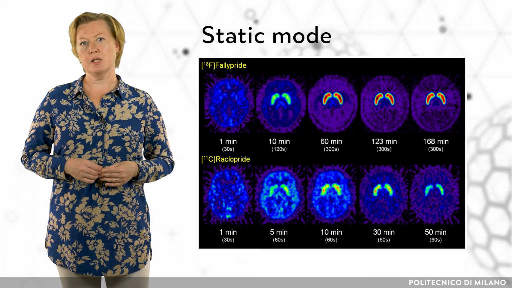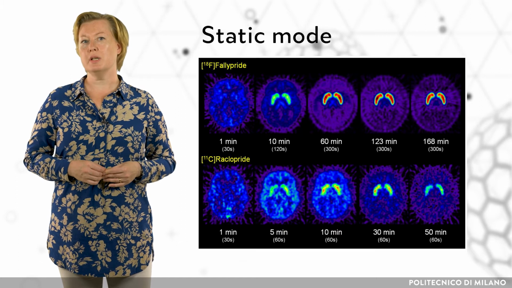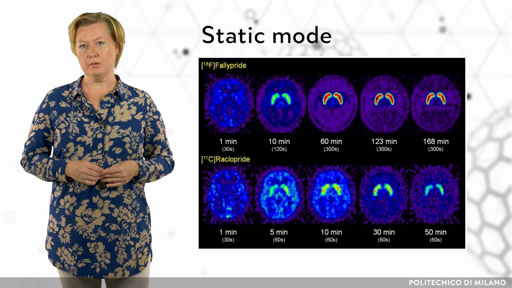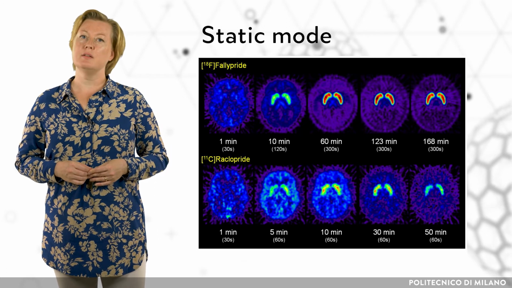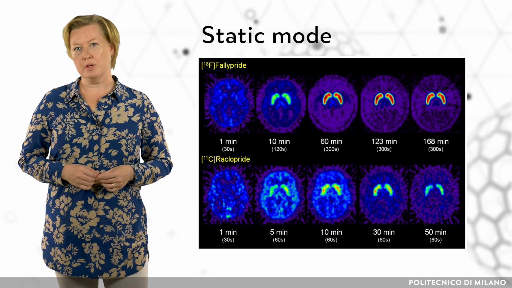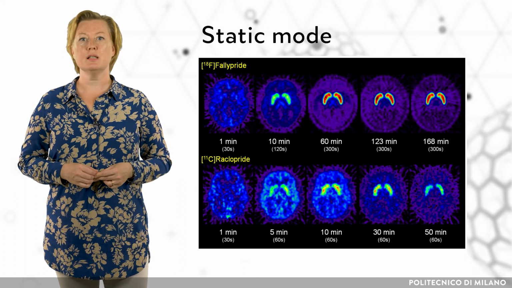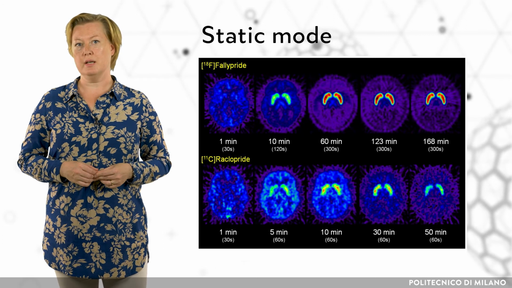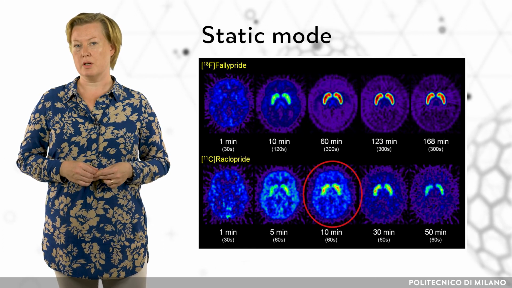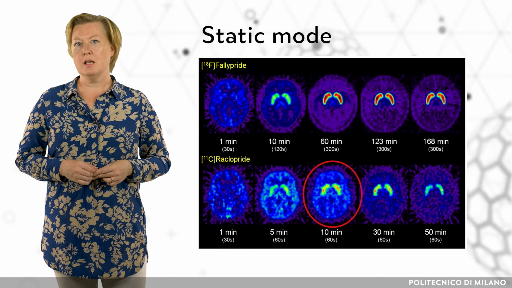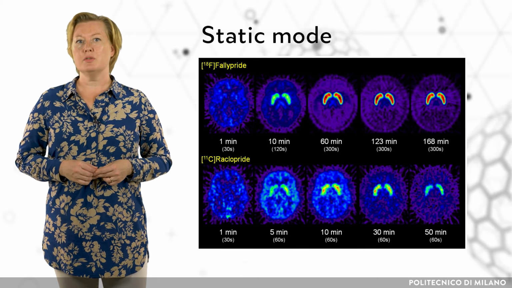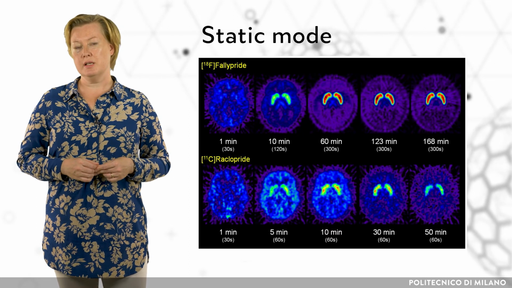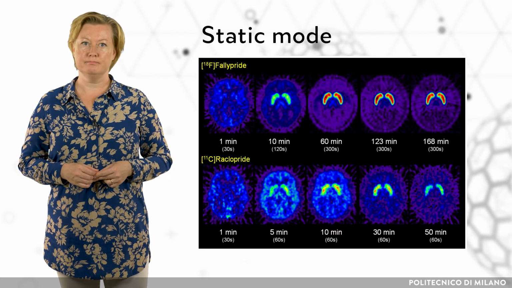Depending on the radiopharmaceutical, the time needed to accumulate at the region of interest can vary. For example, in the case of fluorine-18 fallypride, the peak accumulation at the striatum is at approximately 60 minutes, whereas for that of carbon-11 raclopride occurs at around 10 minutes. These both are dopamine D2 binding ligands from the same structural family, but with different pharmacokinetics.